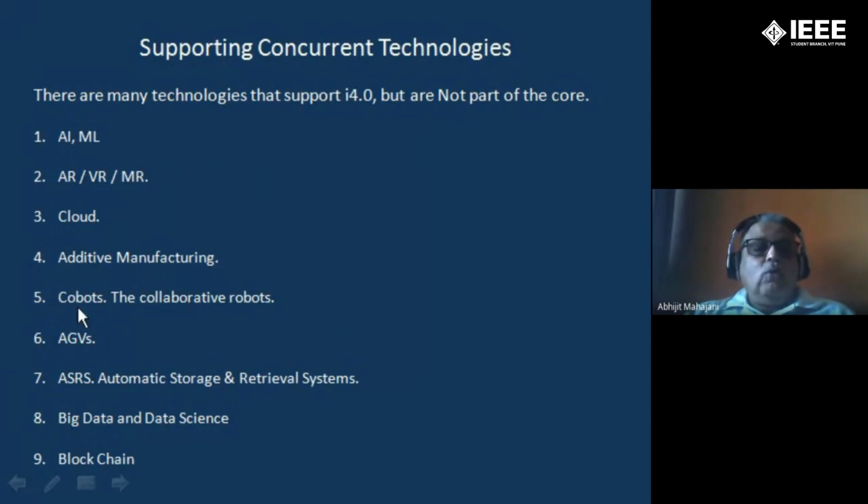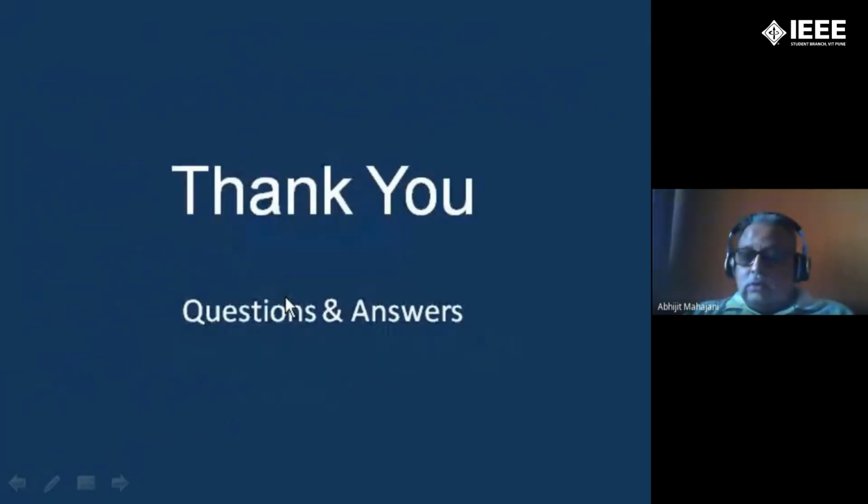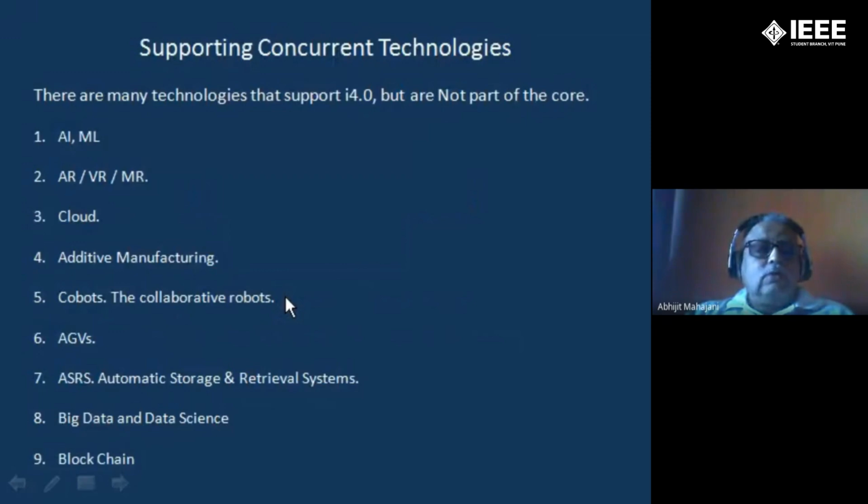Then there are cobots, collaborative robots. They work together with humans. They have sensors which can sense people around. They can sense forces applied to their arms, and they can stop themselves from colliding with people.